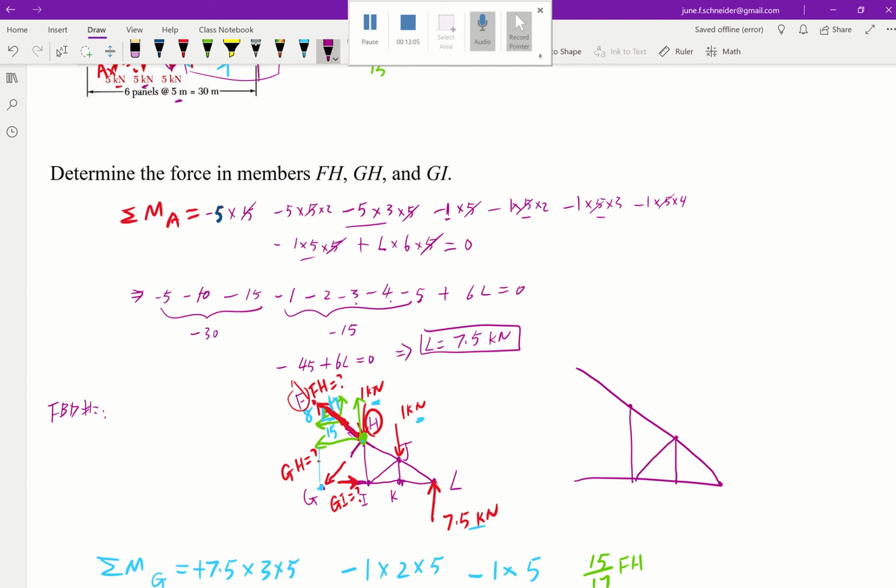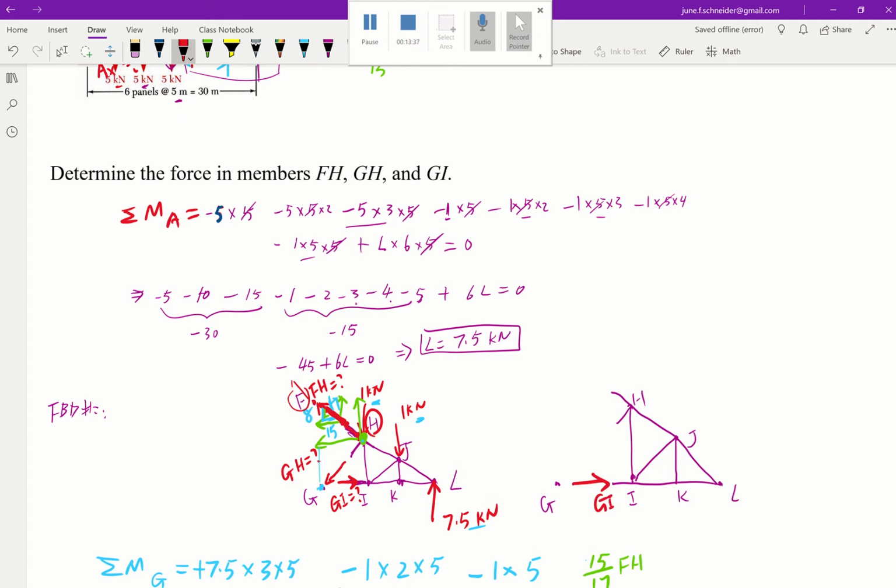So it's that, right? So that's our I, and that's our K, L, J, H. And right here, we're getting like that and that. That's our G. And we assume this force here is going GI that direction.